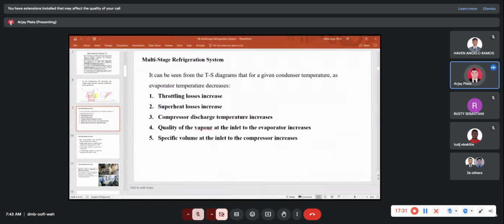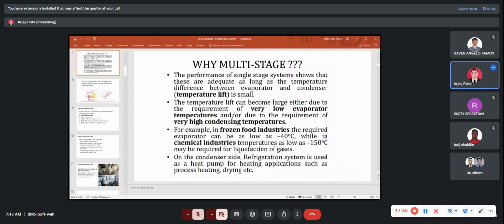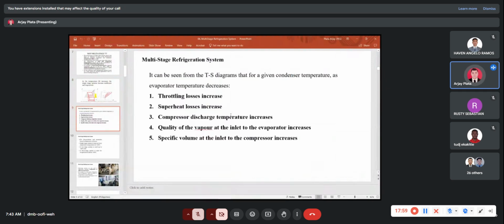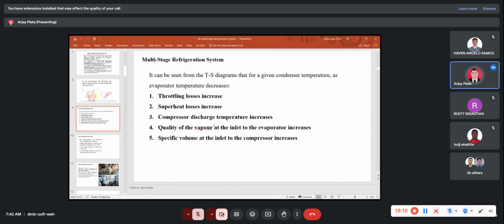Okay. Compressor discharge temperature increases. As you can see, if we have a requirement to meet, for example, your condenser temperature is high, and we still use the single stage vapor compression, the compressor discharge temperature increases.